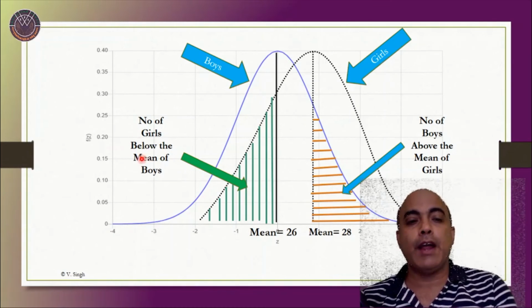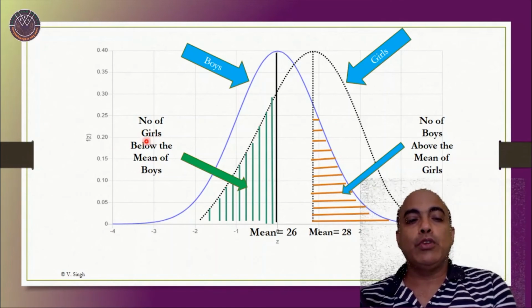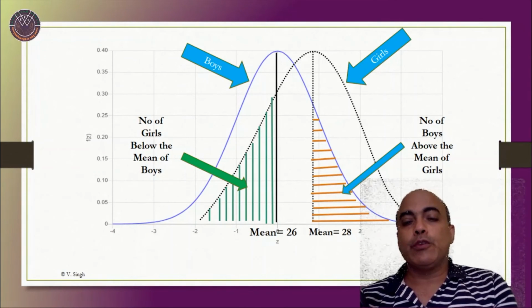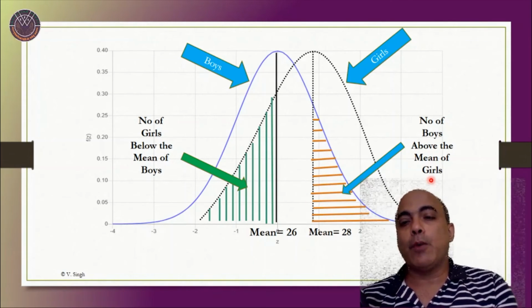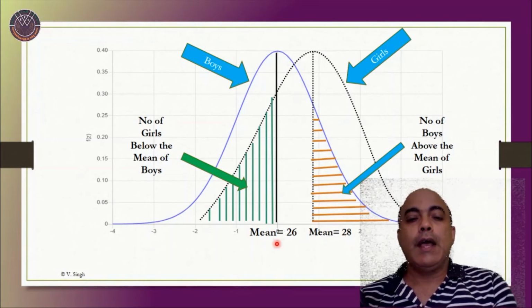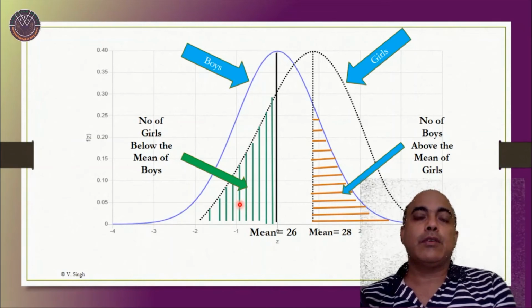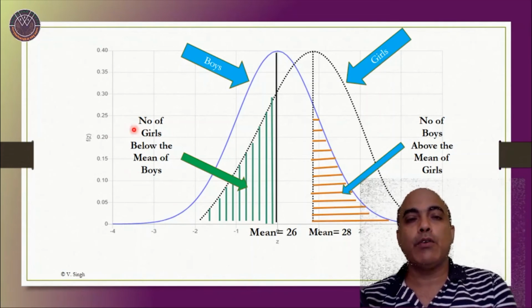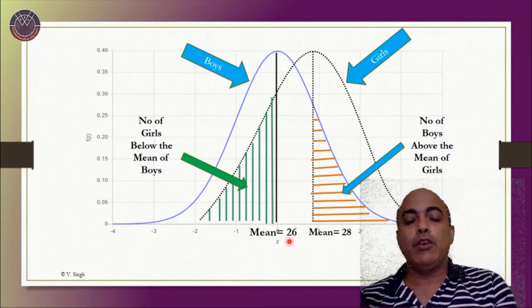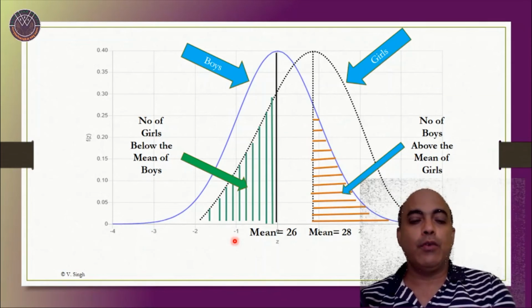We have to find out number of girls below the means of boys. So first question is about this orange shaded part, that is number of boys above the mean of girls. And the second question is about this green shaded part, where we have to find out number of girls below the mean of boys. So we'll see how we can do it.